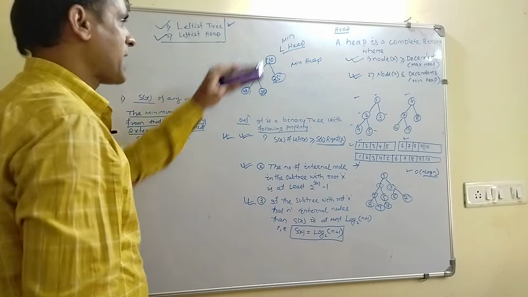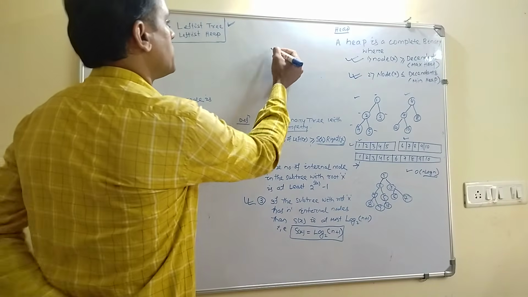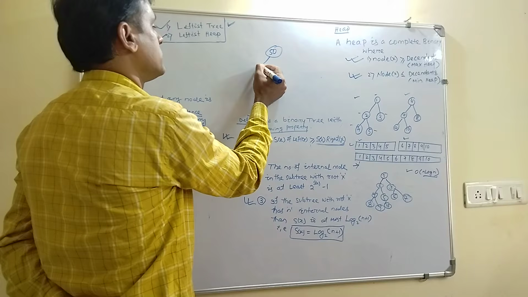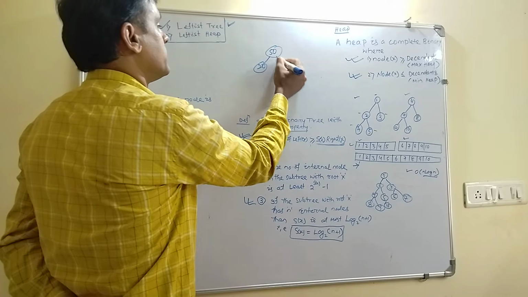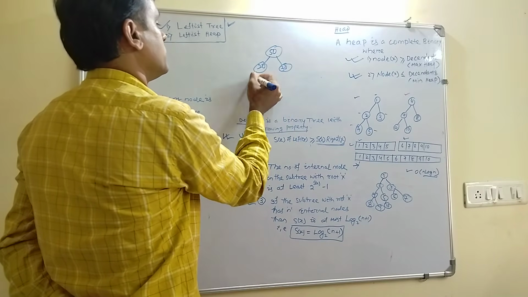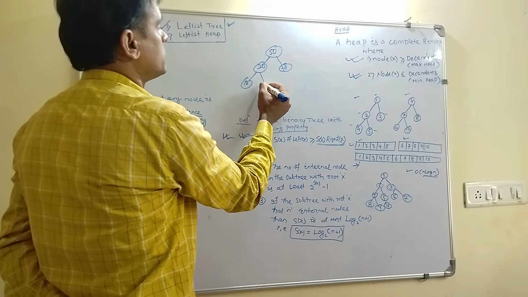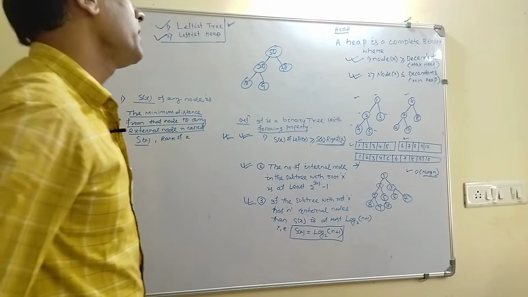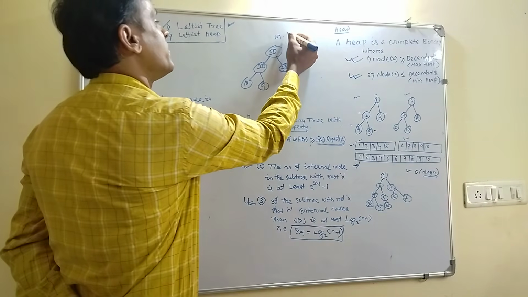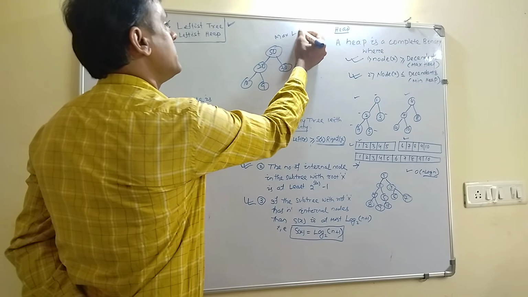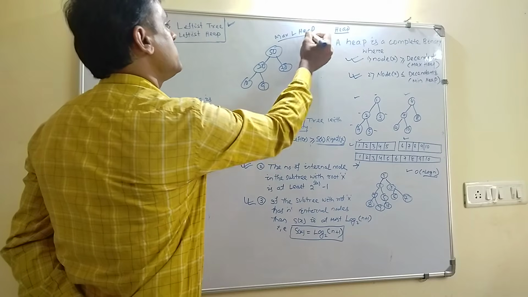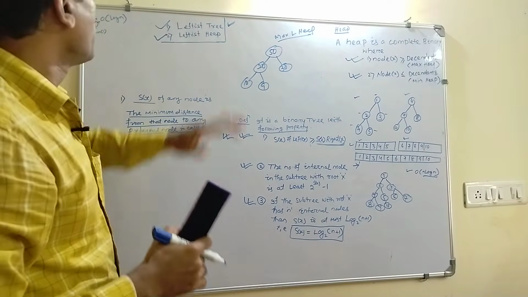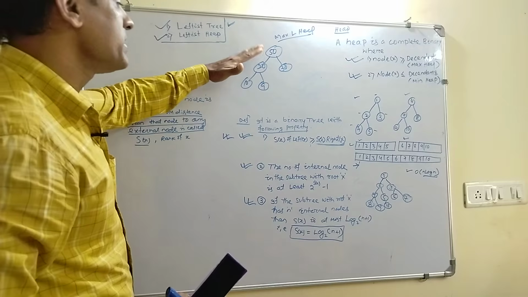But if you want to make a max heap, you can put it like this. Suppose this is 50, this is 20, this is 30, this is 10, this you can take 9. This is also a max leftiest heap, maximum leftiest heap. So this is the property regarding the leftiest tree and leftiest heap.